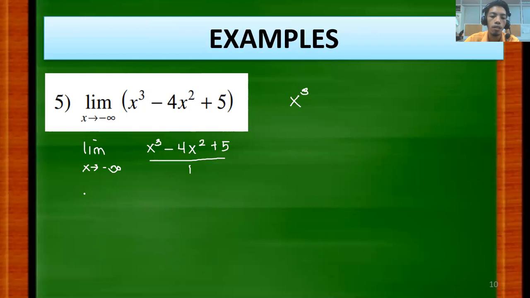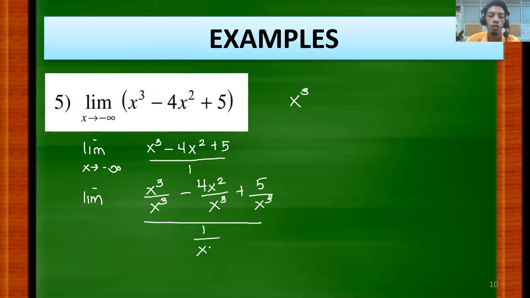So you have the limit of x cubed over x cubed minus 4x squared over x cubed plus 5 over x cubed, all over 1 over x cubed, as x approaches negative infinity. Next, let's simplify. x cubed divided by x cubed is 1, so it cancels and becomes 1. We put it here.